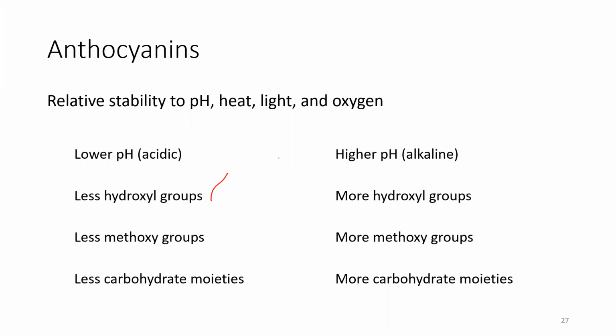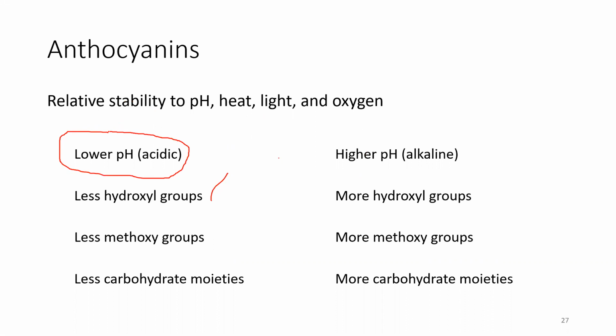So in this first row, are anthocyanins going to be more stable in acidic pH or alkaline pH? Well, we already know the answer to that one, right? Which one is it? Acidic. Yep. Good.